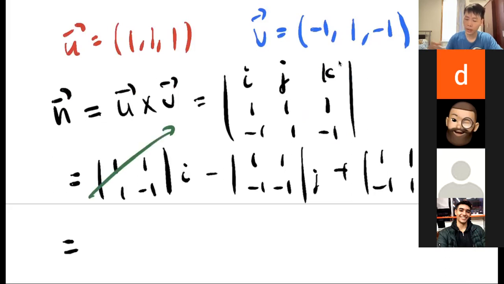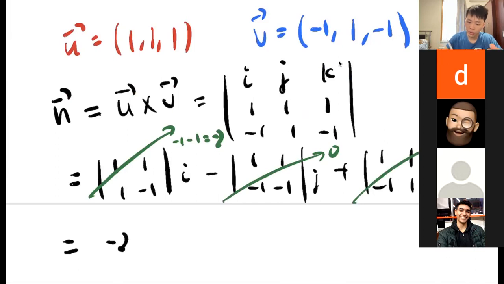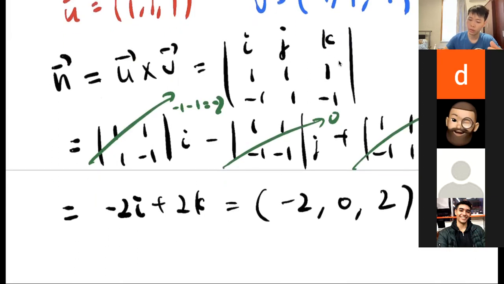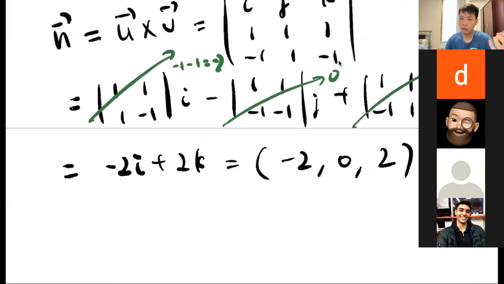This gives you 1 times minus 1, which is minus 1, minus 1 times 1, so it's minus 1 minus 1, which is minus 2. For j, you get 1 times minus 1 minus 1 times minus 1, which is 0. For k, this gives you 2. So the result is minus 2i plus 2k, which is minus 2, 0, 2. This is the normal vector.